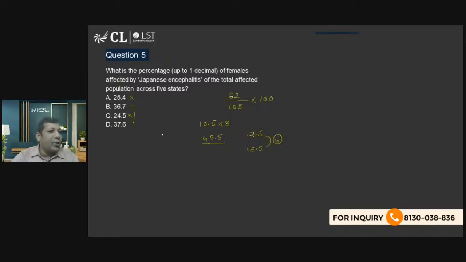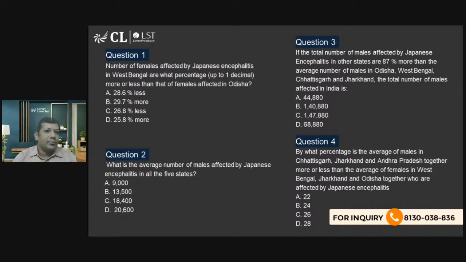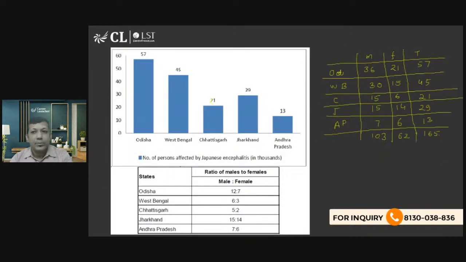So my final value should be 37.6%. So this is how I'm going to calculate, and I'm going to calculate a little faster. This one. West Bengal is what percent more or less than Odisha? Females in West Bengal is what percent more or less than Odisha?